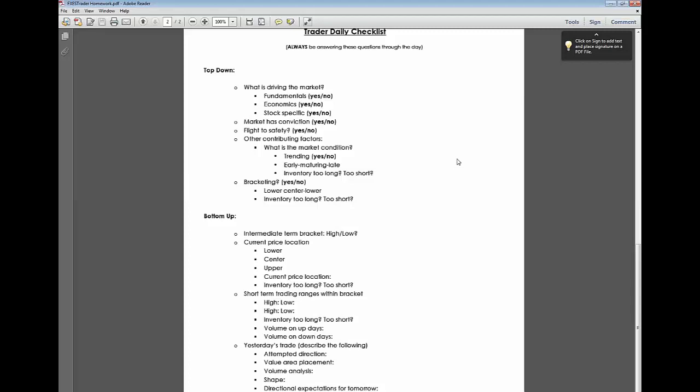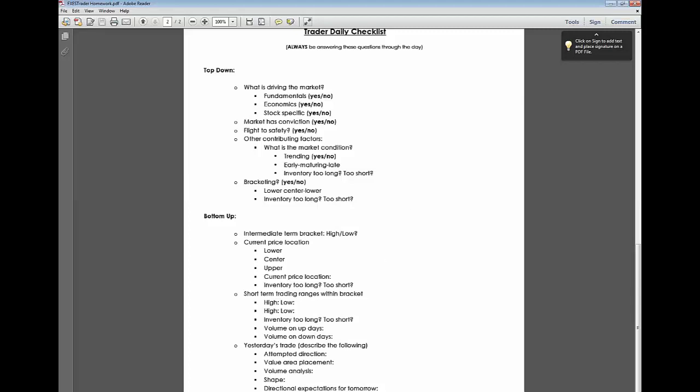Are we bracketing from one time frame to another, or in some sort of monster move either way, which goes along with trending? All these questions help keep you on track of basically taking pullbacks in a larger trend, whether that trend be a 1 minute or as long as a daily trend, depending on your type of trading. I'm usually looking at a 5-minute chart.